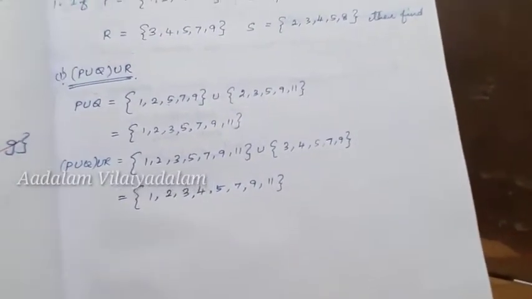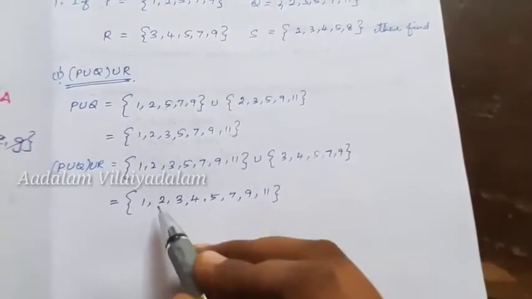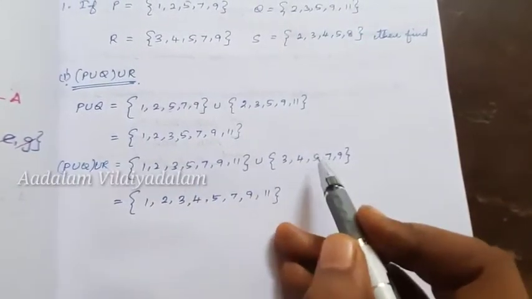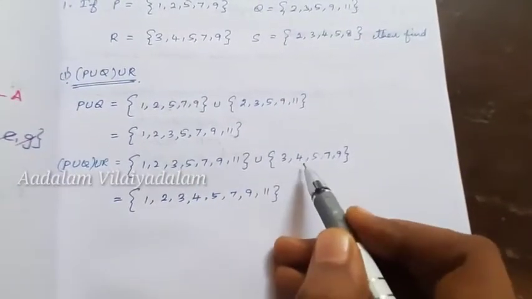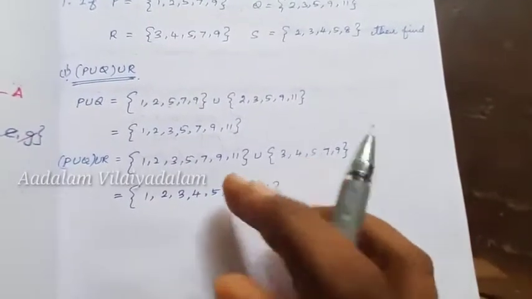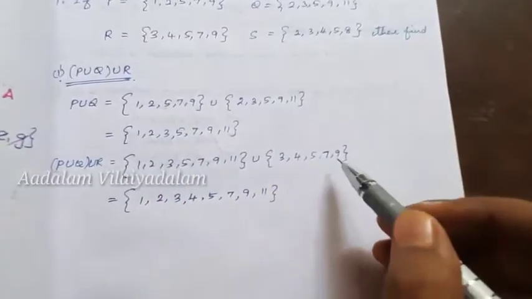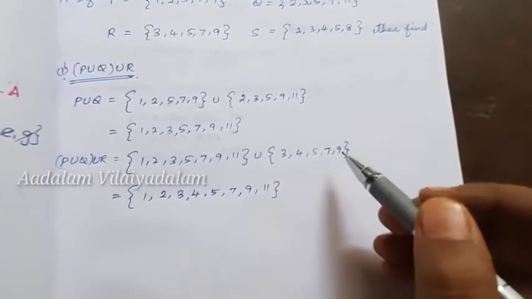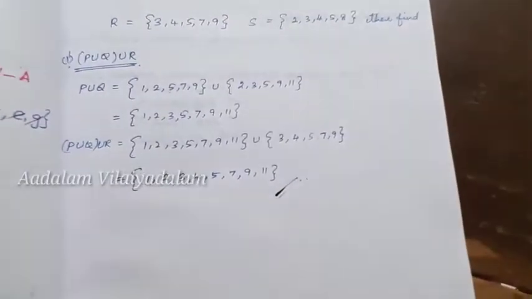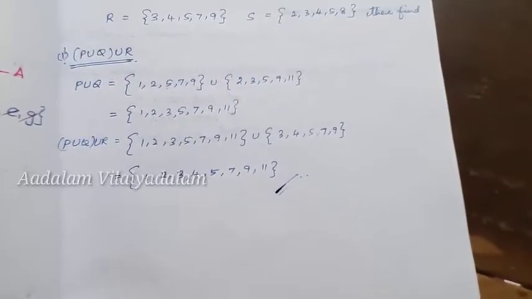Now we are going to join all the elements without repetition. 1, 2, 3 is repeating, writing once. And 5 is repeating, I am writing once. 4 is not repeating, so I am joining 4. 7, 9, 11. First you write all the elements of the first set, and then the elements not repeating in the second set, just write them together. Then this is the answer for P union Q union R.